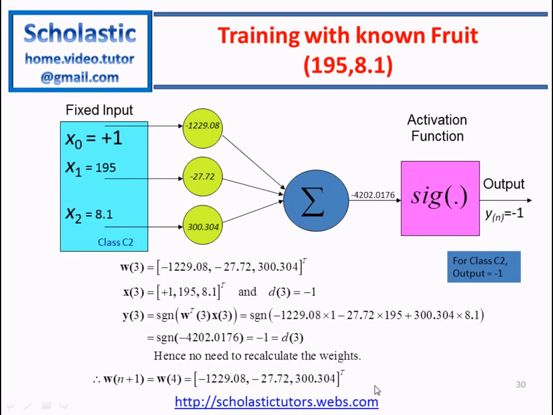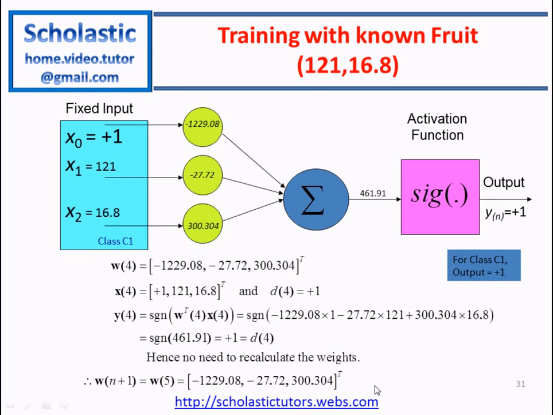Now what we need to do is see whether we had a problem with the first fruit, that is, whether the fruit that we calculated wrongly is correct now. So we are going to recheck the values, and we can put this fruit back again and see with the new weights whether we get the correct answer.